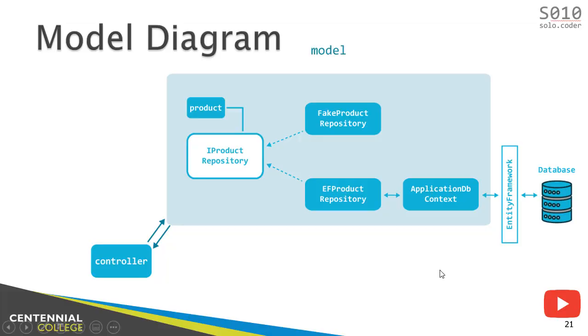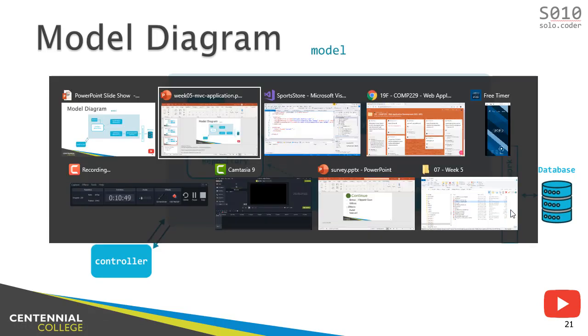Before we jump to our entity framework products, let's work on this database context, application DB context. Again, this is the bridge between our repository and the database. Well, more specifically, it's a bridge with entity framework, because entity framework is really the one that knows how to talk to the database.